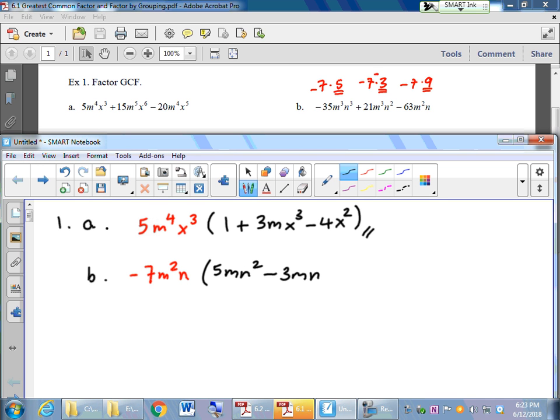And the last term will be plus, because you factor out negative, so it will be plus 9. And since m squared and n are factored out also, there's no more variable for this term. And this will be our final answer.